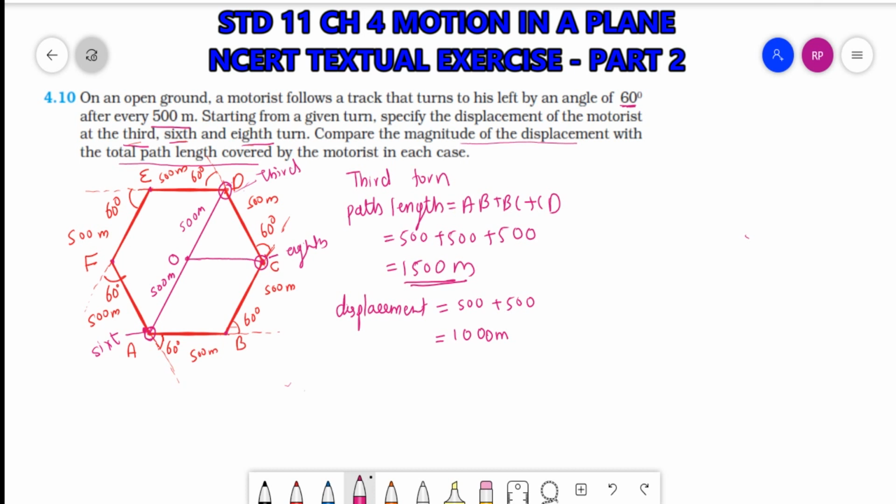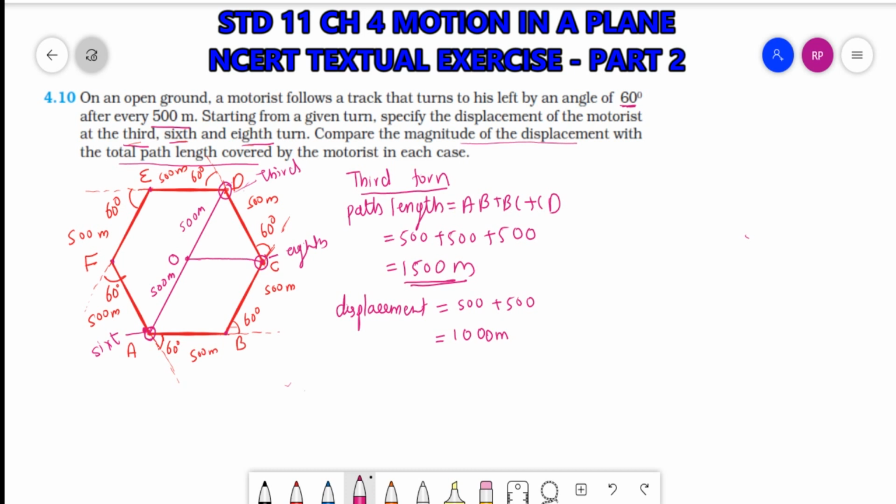Or else you might also use the logic that the length of a diagonal of a regular hexagon is twice the length of the side. A regular hexagon is made up of 6 equilateral triangles. So remember, the regular hexagon diagonal is twice its side length. So I can directly write down displacement is equal to 1000 meters. So this is at the third turn.